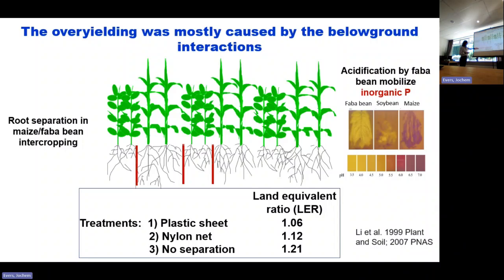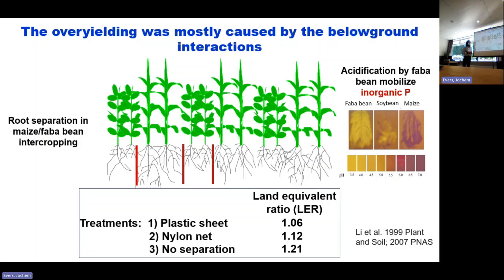So let's see the results. For the intercropping without a root interaction, the land equivalent ratio is around 1. But with a mesh, so with the chemical transfer, the interaction of the exchange of root exudates, there is overyielding.